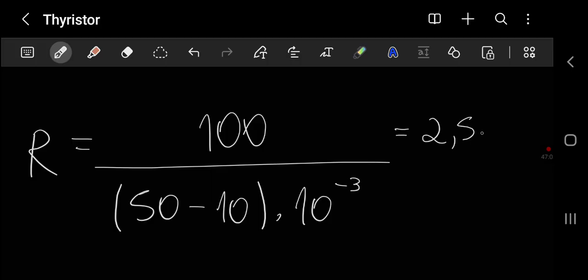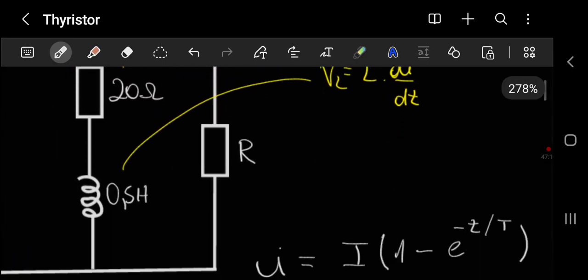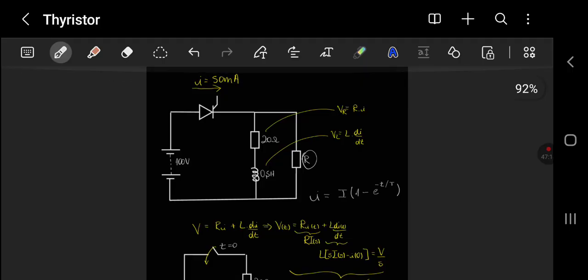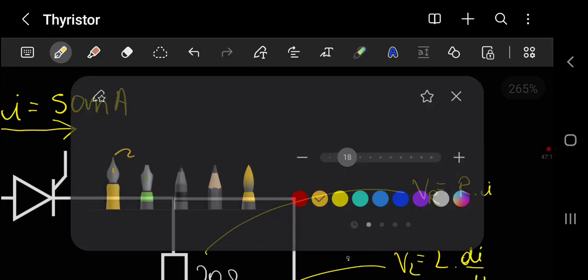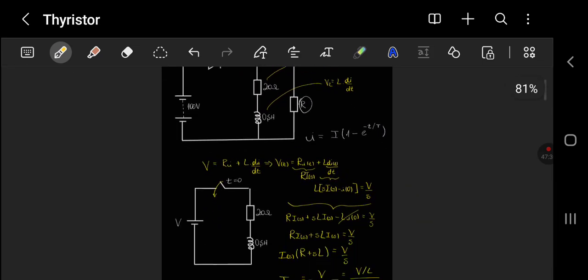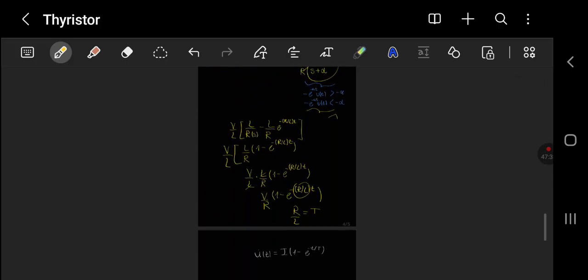And this is going to give us a resistor of 2.5 kilo ohms. That is the resistance. Okay, and that was example 1.1, page 41.